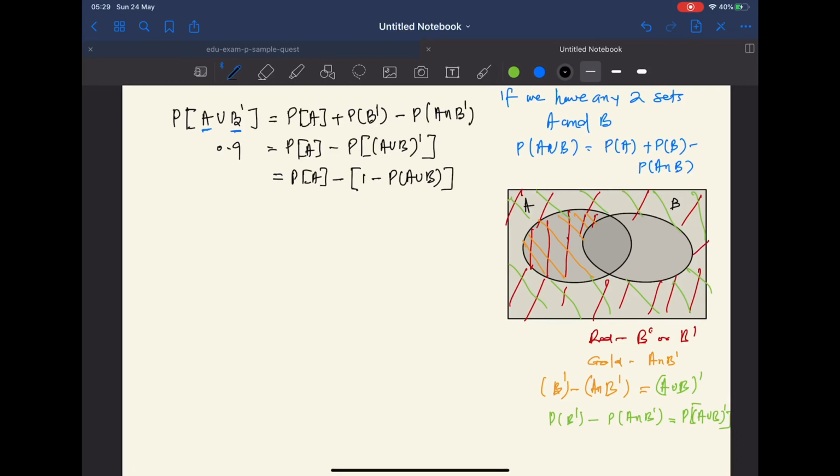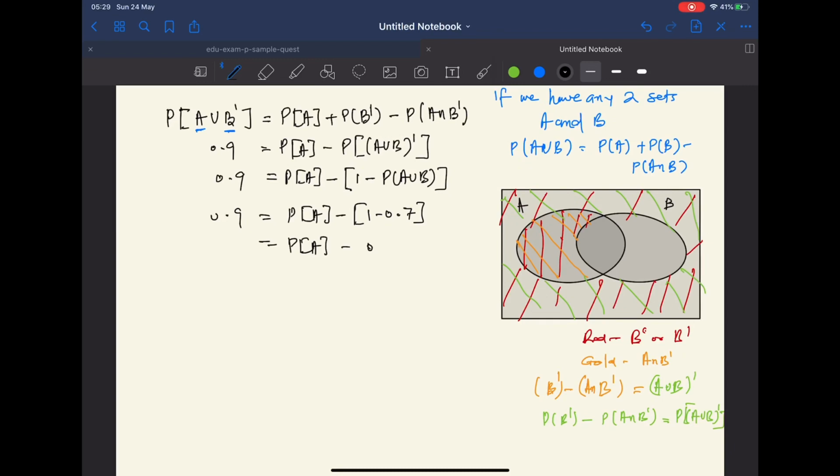So I have that 0.9 equals probability of A minus 1 minus 0.7, which is 0.3. So I have probability of A minus 0.3.